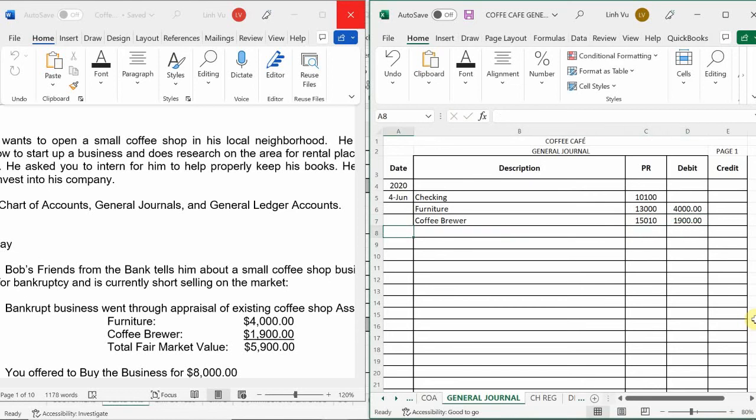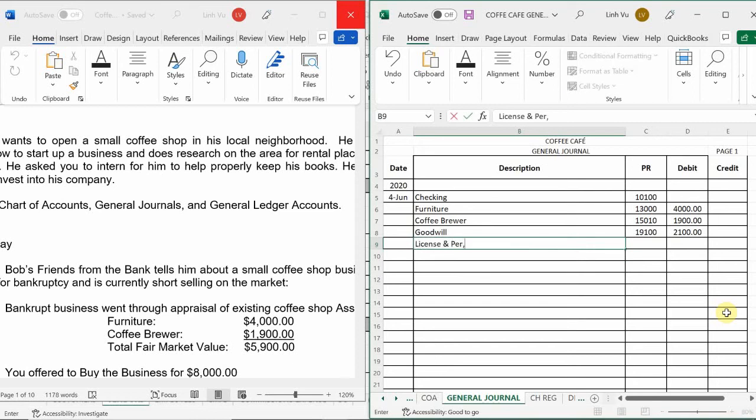And then we said that we generated goodwill, which was account number 19100. How much did we calculate goodwill to be? 2,100.